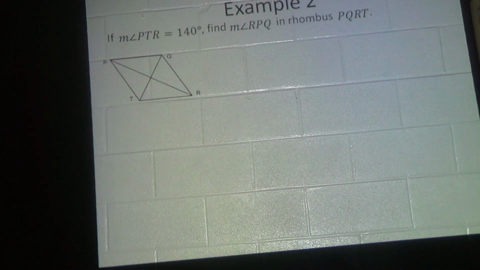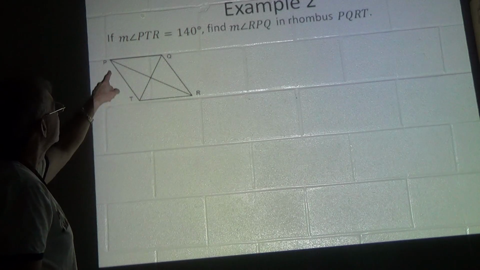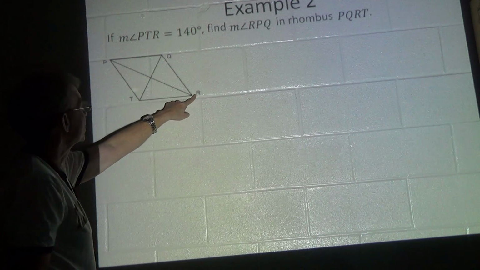Example 2 says, if PTR is 140 degrees, find the measure of angle RPQ in rhombus PQRT. We know it's a rhombus. PTR is this angle right here.